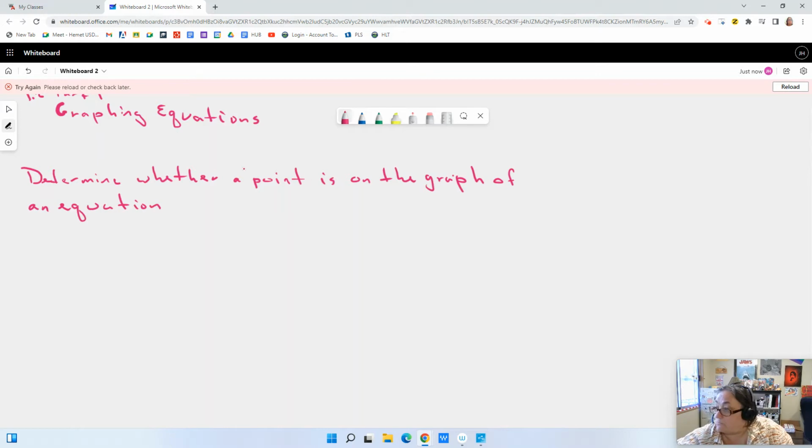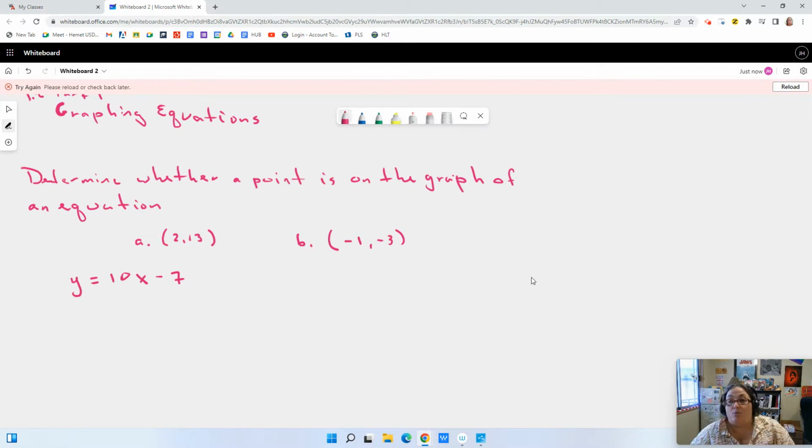So if I want to determine whether point A, (2, 13), and point B, (-1, -3), fit or lie on the graph of the equation y equals 10x minus 7, I just need to plug them in, right?